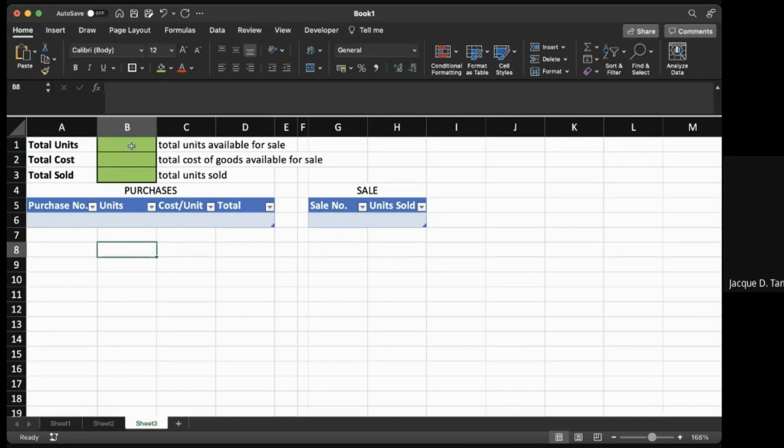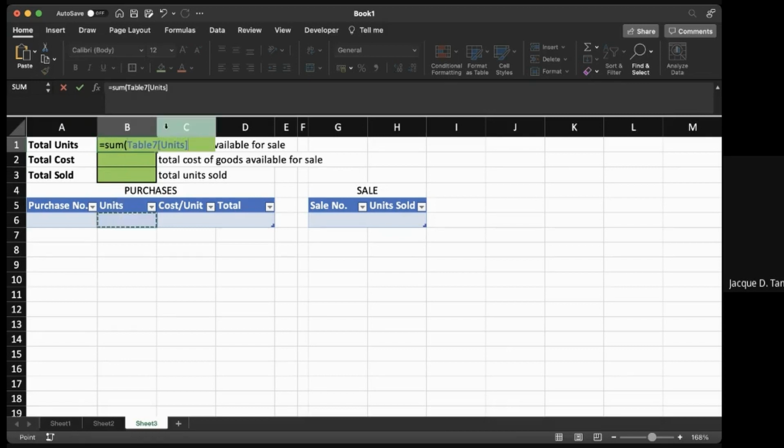Okay, now for total units, again, this is the total units available for sale. So this is the sum of the total units. As you can see, it is the sum of table 7 column units. That's what it means.